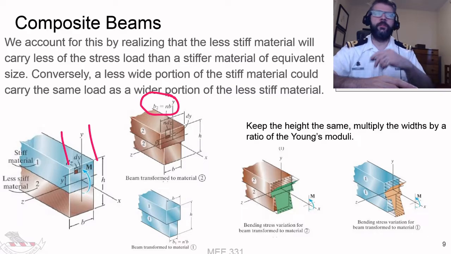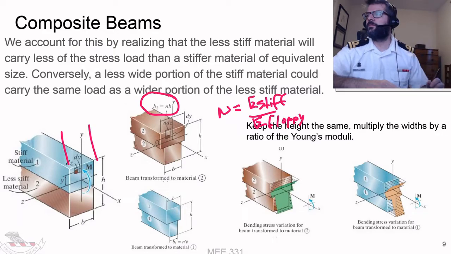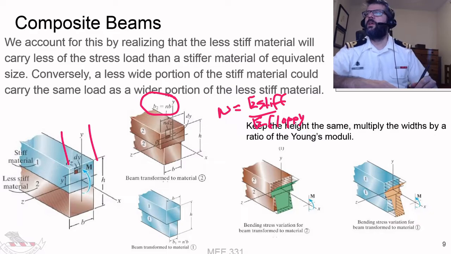The nomenclature that the textbook uses is that n is the ratio of E stiff divided by E, what's a good word for less stiff? Floppy. I should also specify that that was a lowercase n.